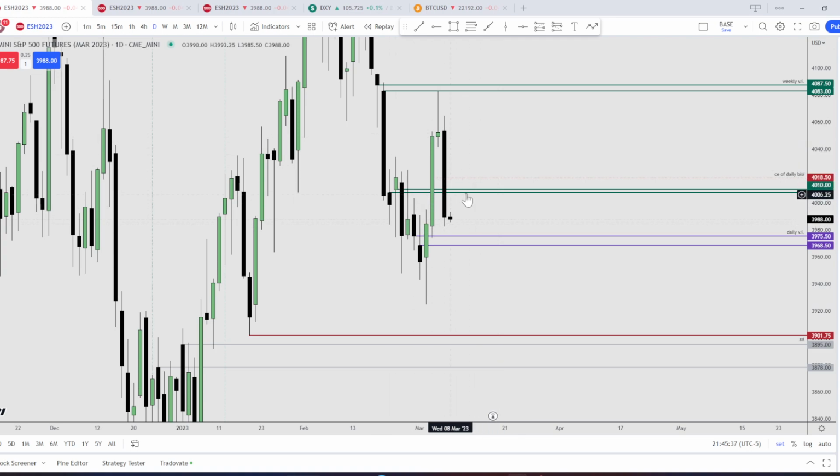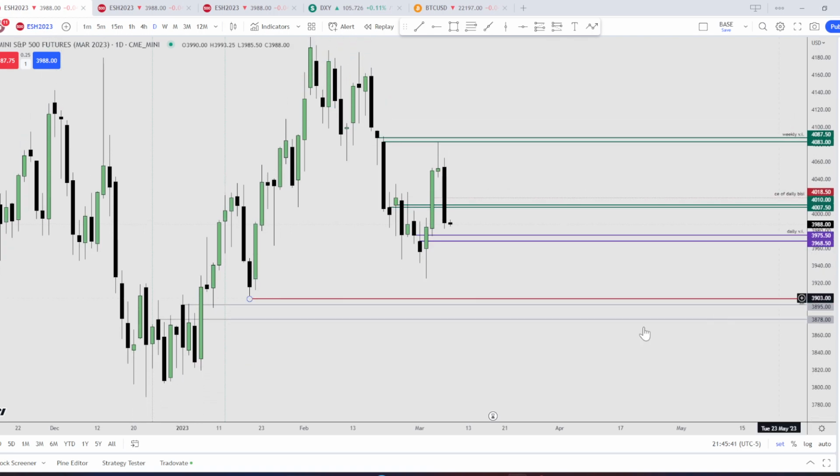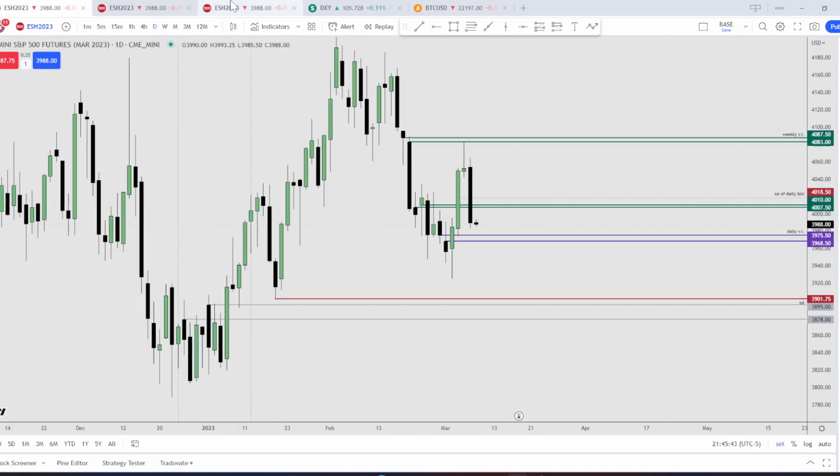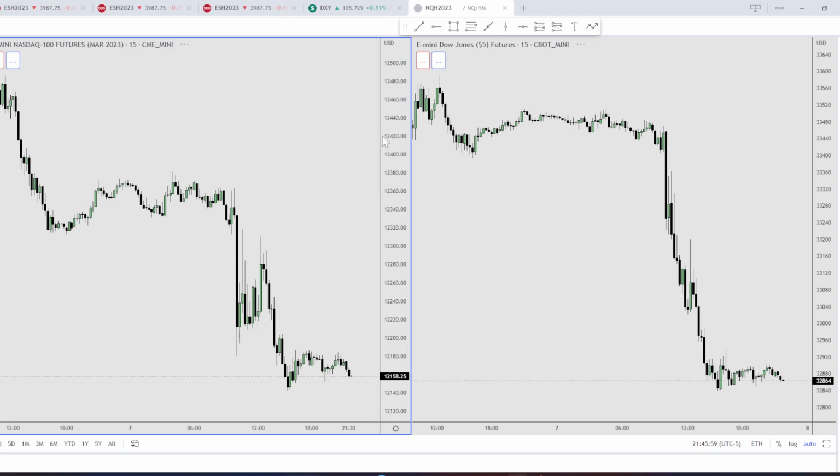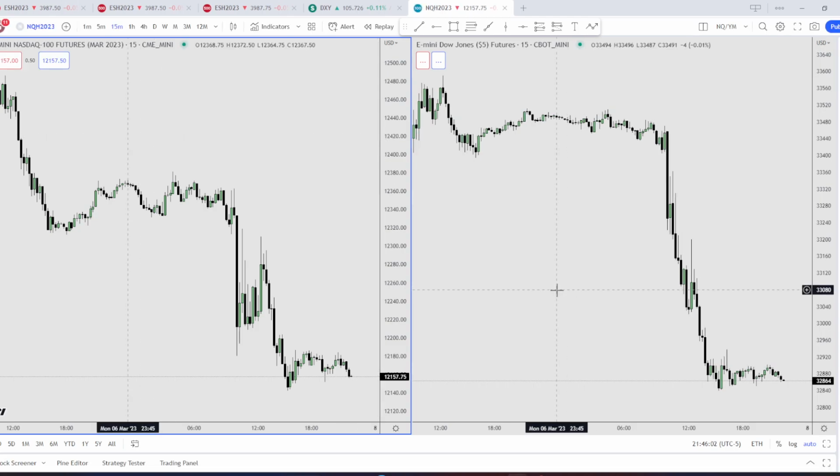So let's see what else on the daily. Nothing else. Let's compare ES and NQ, Nasdaq and Dow, sorry, Nasdaq and Dow on the daily.